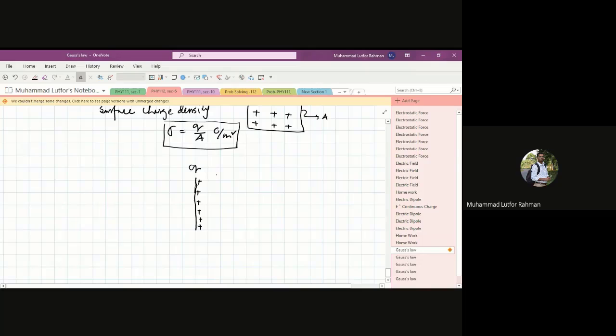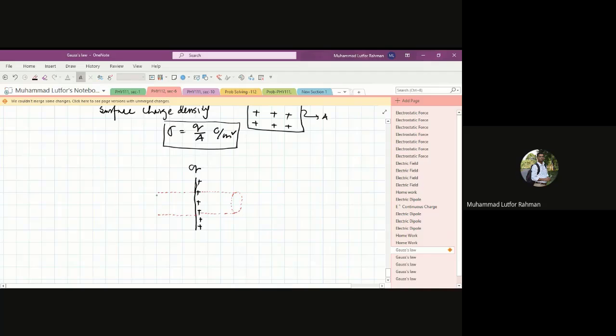To find that, I'm going to use Gauss's law. For that, I'll choose a closed Gaussian surface. So one side is in that direction. This is my Gaussian surface for that direction, and another surface is toward that direction.